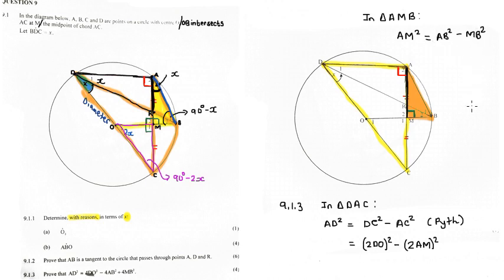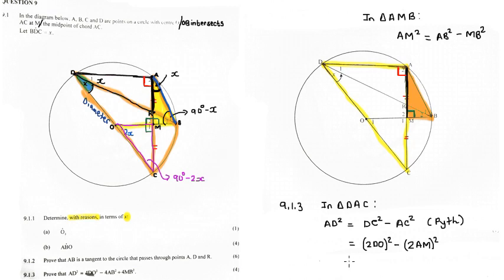This should make you happy because now you're seeing MB there, you're seeing AB there, and there's a DO and DO. And we're going to now substitute AM squared into there.